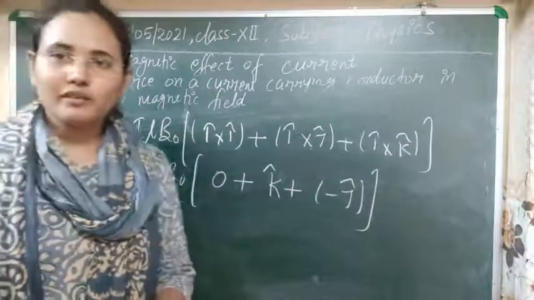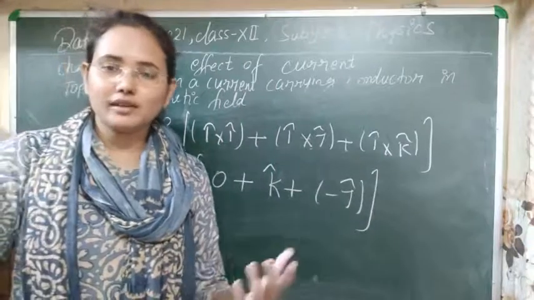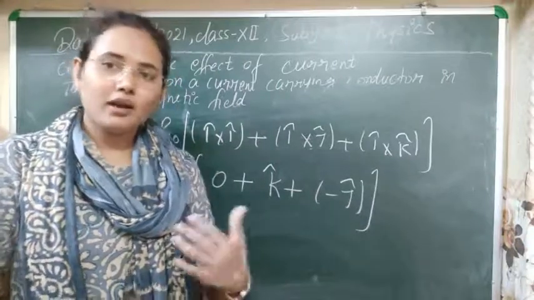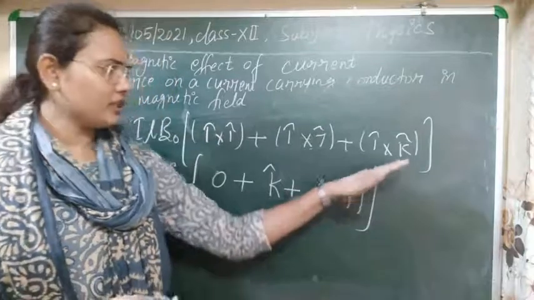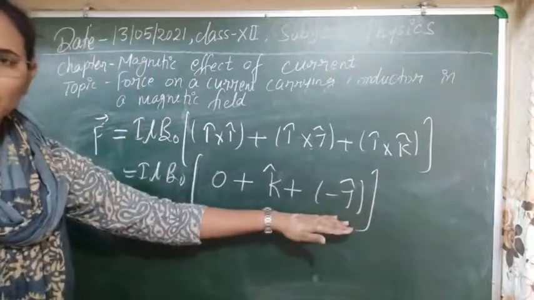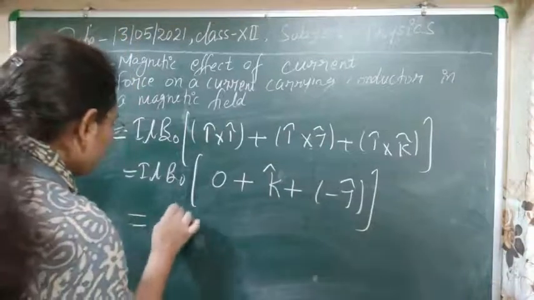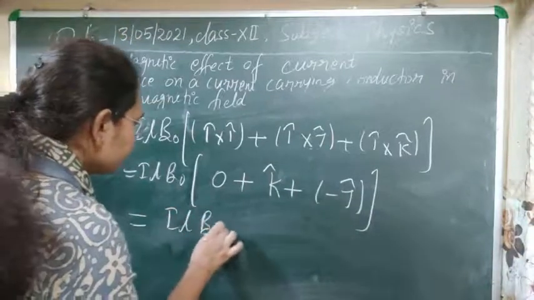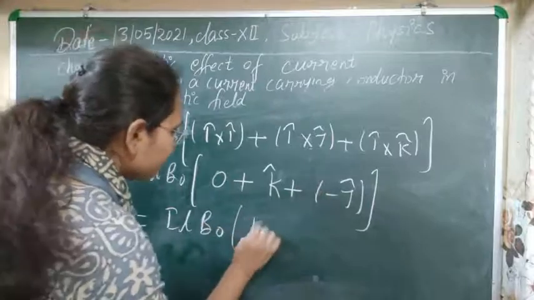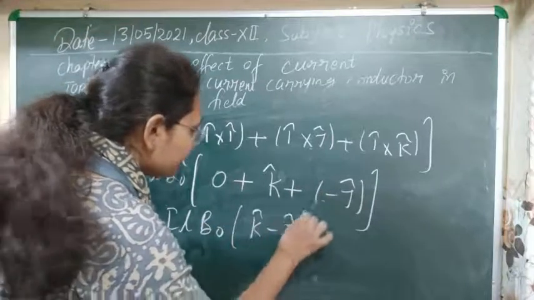You know how we can find out I cross J, J cross K, K cross I, or I cross K. Some of these things you have already understood in class 11. So here this value finally we are getting: this is equal to ILB0, and this is finally K minus J here.